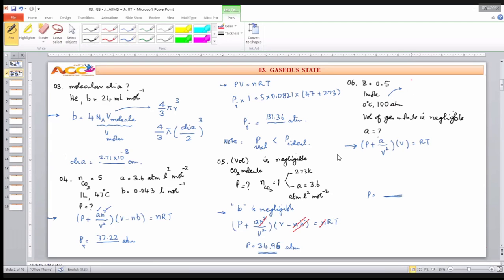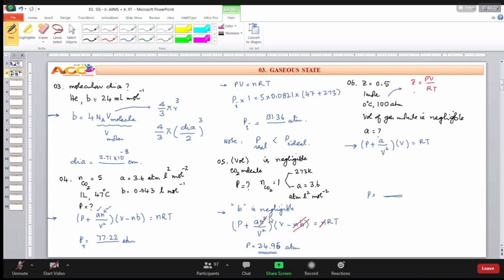What is the problem? Z is equal to PV by RT. This is the perfect method. Now Z value is given to you, pressure value 100 atmosphere, volume is our job, R is known to me, temperature is given to you. Go ahead, find out this volume here and substitute. If you are doing PV is equal to RT, you are finding out ideal volume. This is not ideal volume. This is supposed to be real volume. Go ahead.